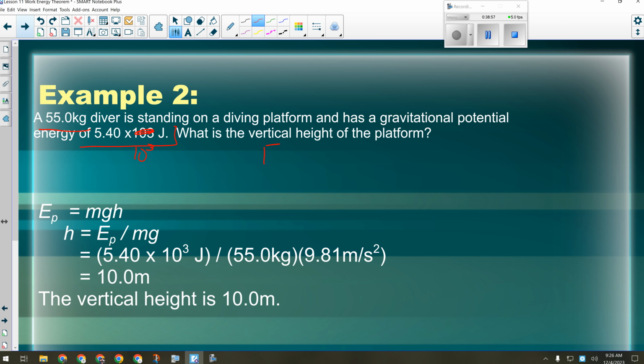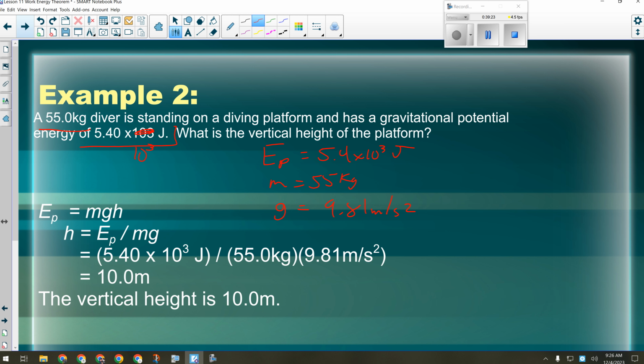So our givens are: EP, 5.4 times 10 to the 3 joules, the mass, 55 kilograms, and g. What's g? Right, 9.81 meters per second squared.